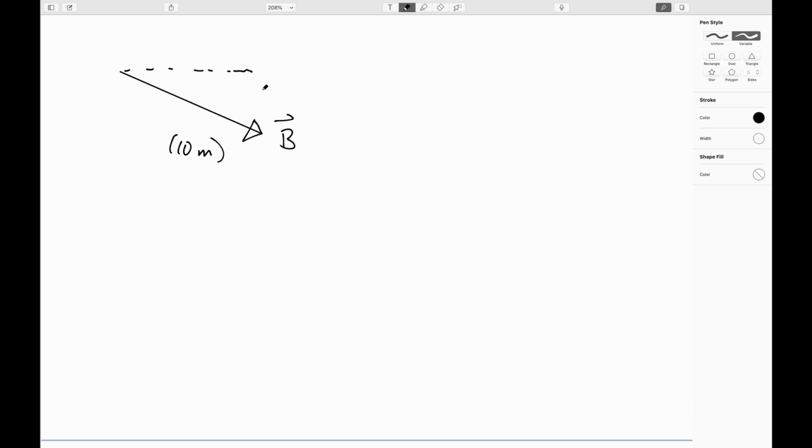While we're at it, let's go ahead and say that it is directed at an angle of 37 degrees south of east, which is usually how physicists will talk about it. More on that in a second. And we'll label our components here B_x and B_y, and we'd like to find the values of both of these.